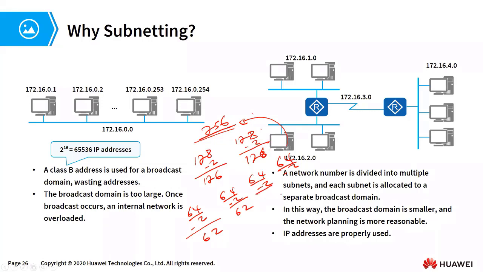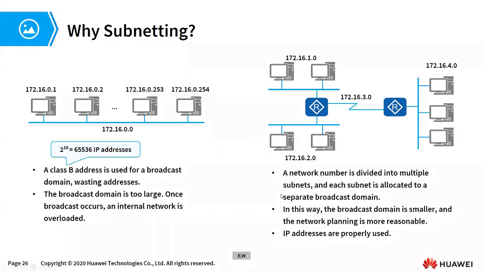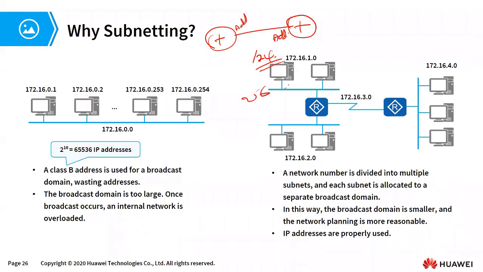Are we together? Yes. Sometimes we even want networks of just 2 addresses that connect one router to another router. Really, in a network like this, we just need an address here and an address here. Do we need to use an entire /24 network with 256 addresses?